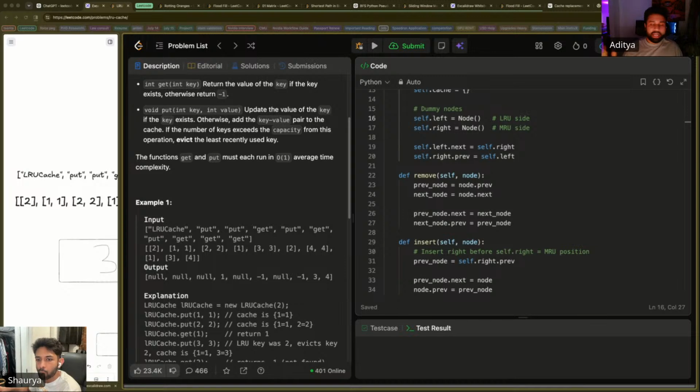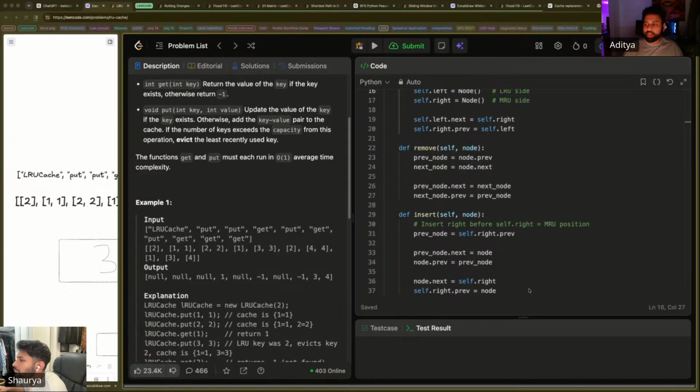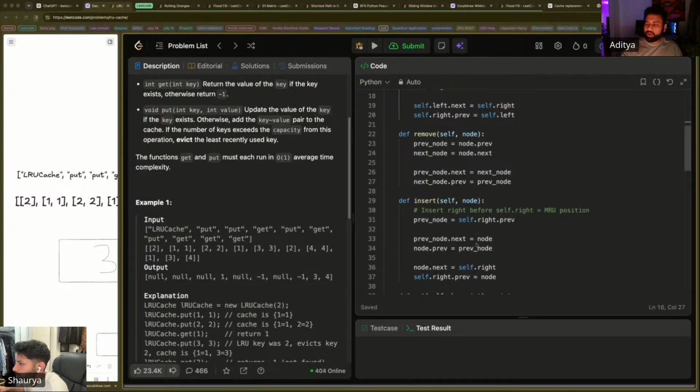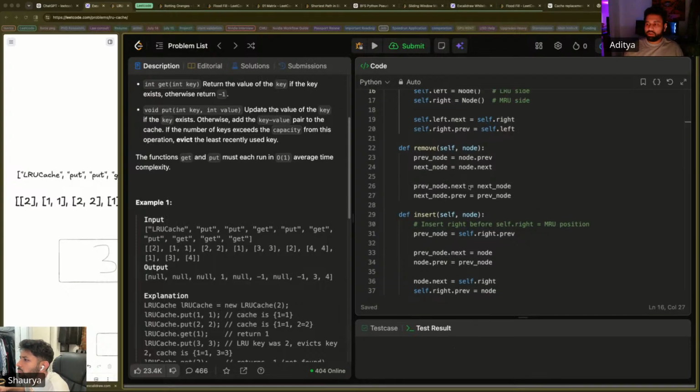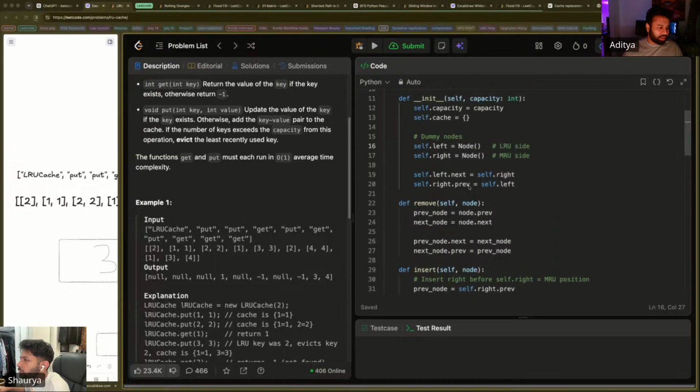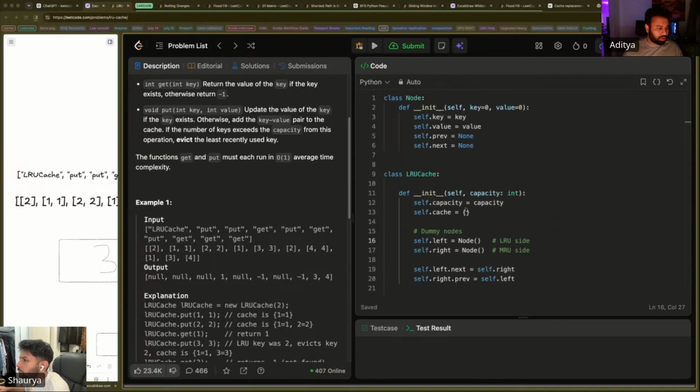We are looking at the next node from that previous node, and we are skipping the node, pointing to the next node, right? If you look at line 26, that would be really easy to visualize. Do you understand how we are playing with the nodes?